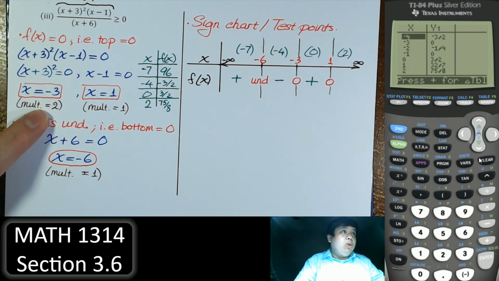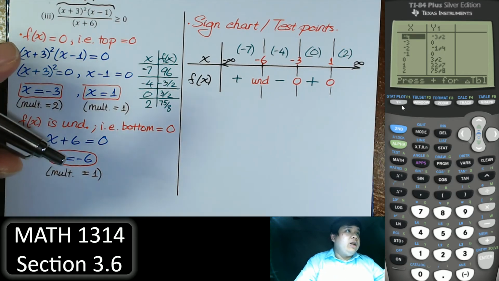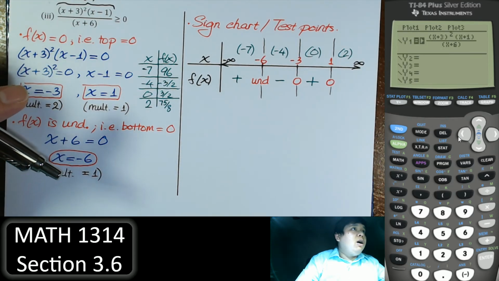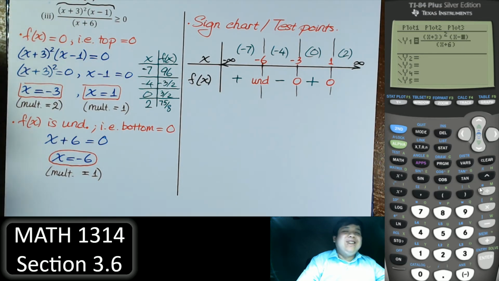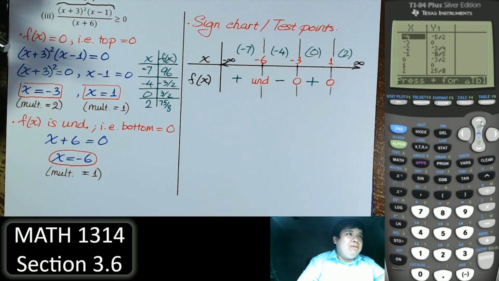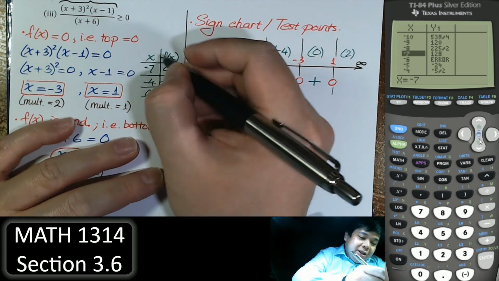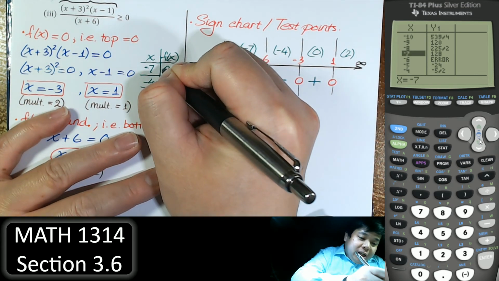x equal to negative 3 multiplicity of 2, the sign will not change there. So there's something off here. Minus 1. Yep. Let's find the values: negative 7, 128.